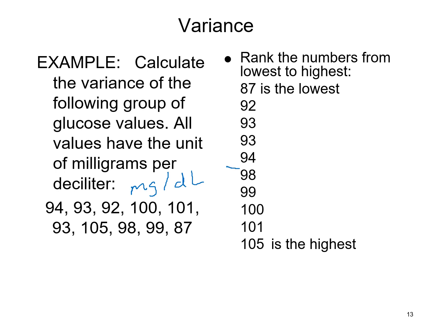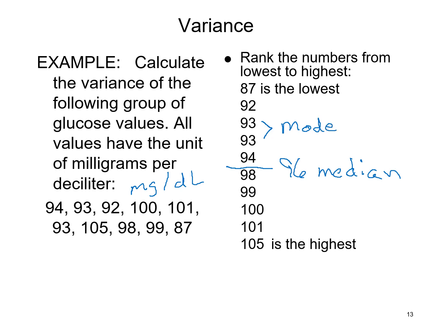So of course our median would be somewhere between our fourth and fifth value, the average of these two. So this would be 96 for the median. And of course our mode is the number that is represented the most. So in these particular values, it would be 93, that would be our mode.